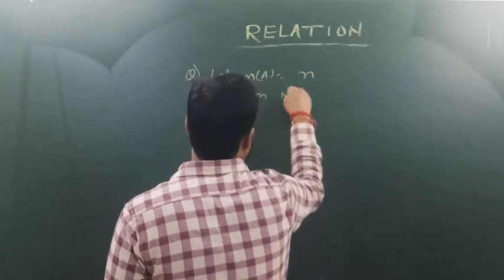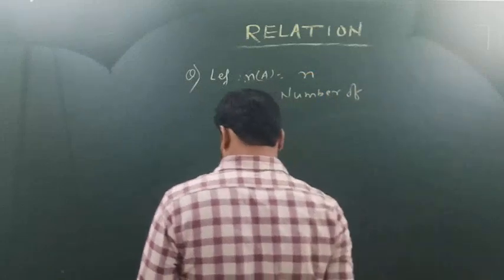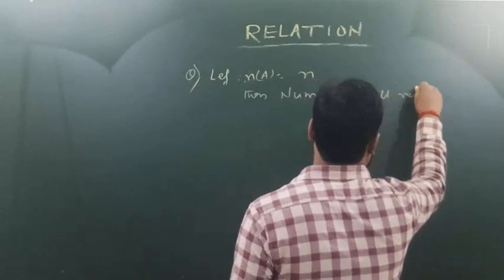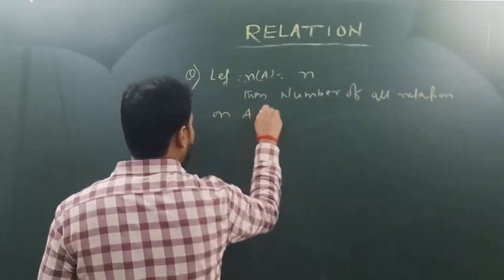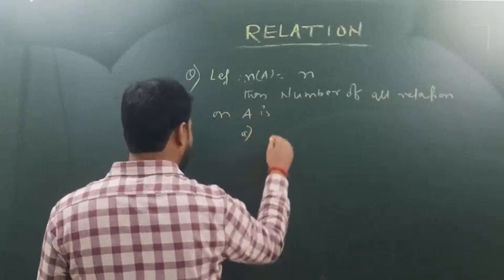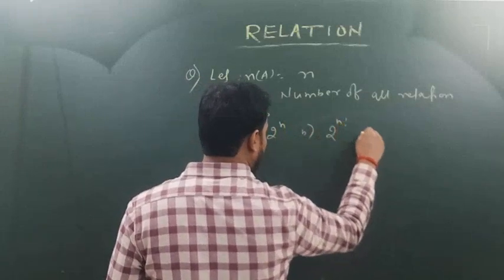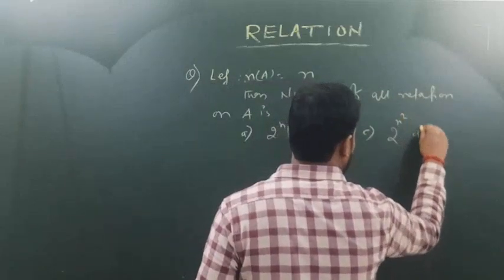Then the number of all relations on A is: option A is 2 power n, option B is 2 power factorial n, option C is 2 power n square, and option D is none.